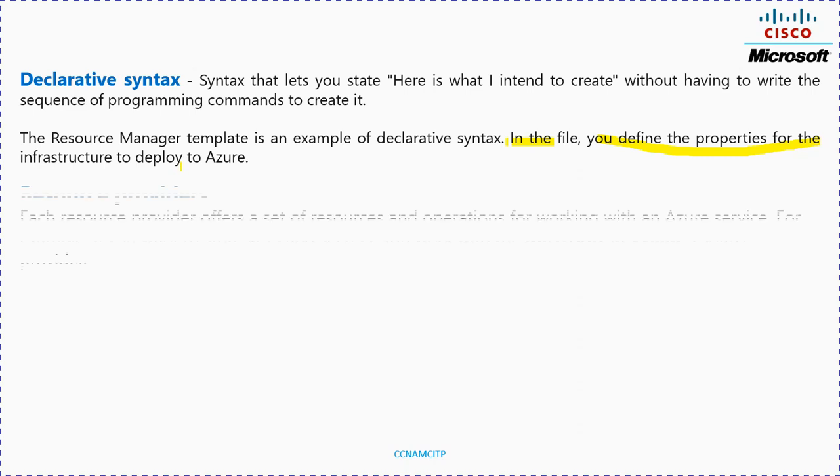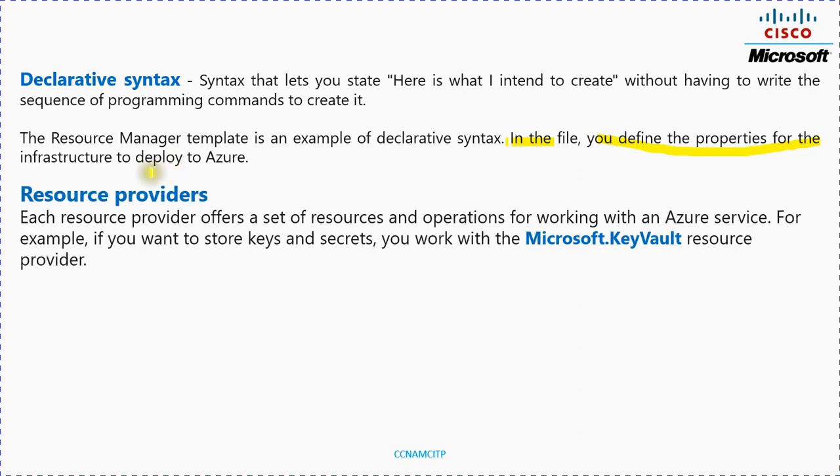And for resource provider, one more time I will give you a little more information. Each resource provider offers a set of resources and operations for working with an Azure service. For example, if you want to store keys and secrets, that is your credentials, you work with Microsoft Key Vault.